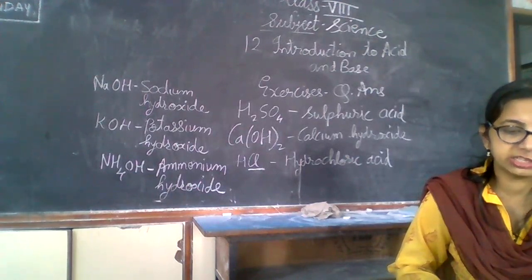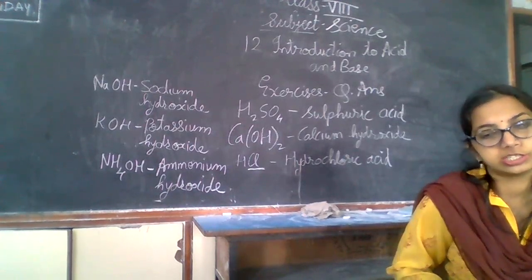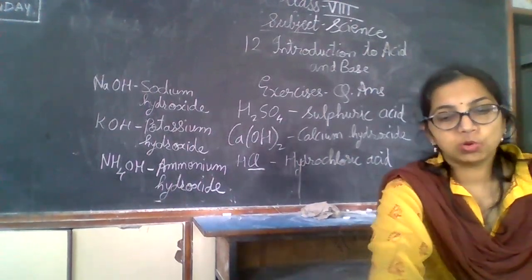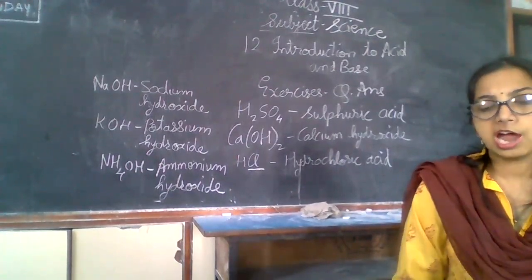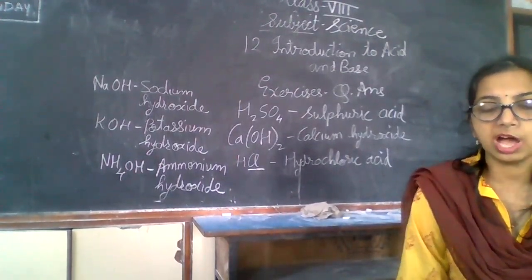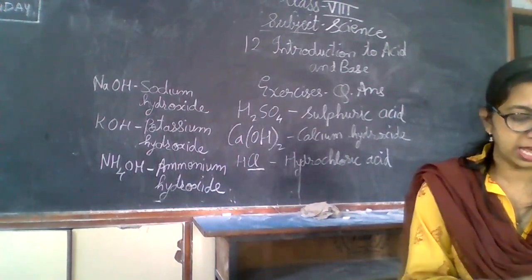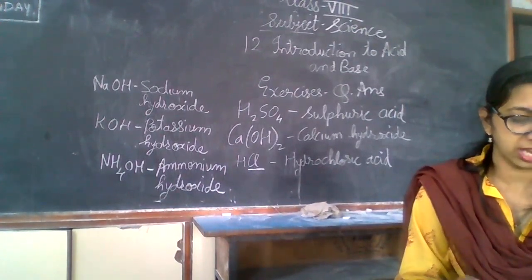Next question, answer the following questions. Explain the difference between acids and bases. Acids, you all know, have a hydrogen ion, and bases have a hydroxyl group ion, OH ion.